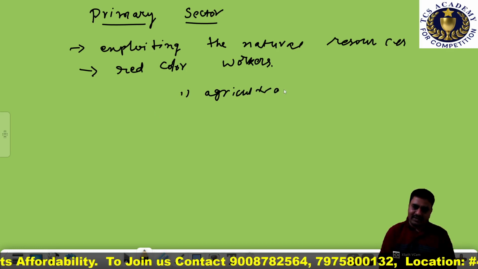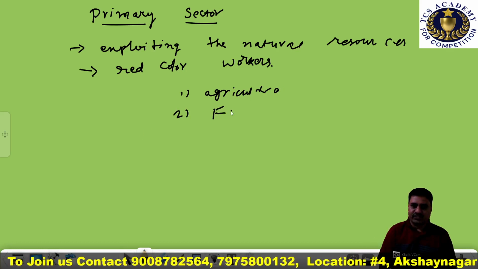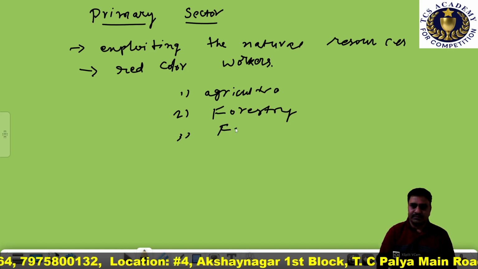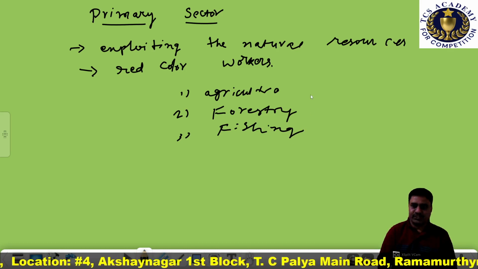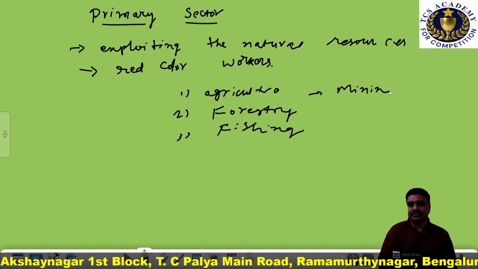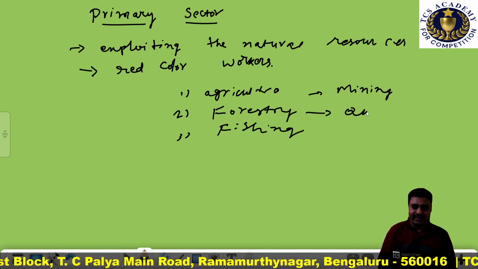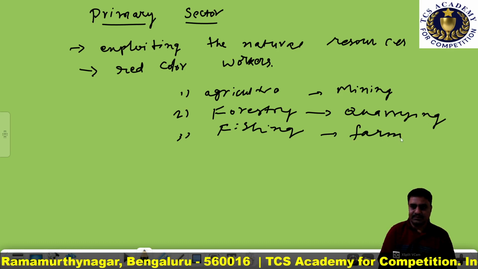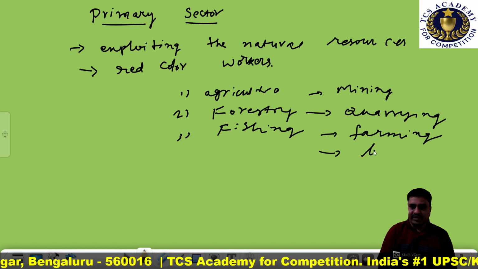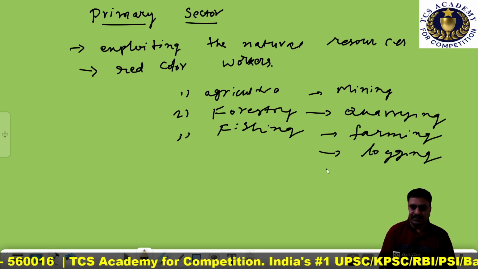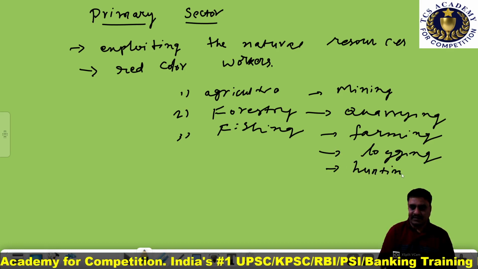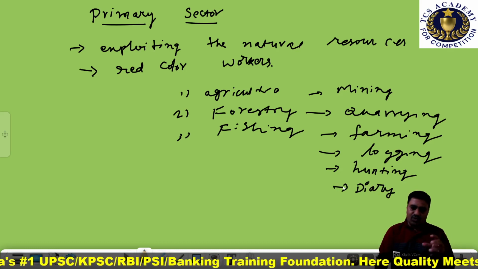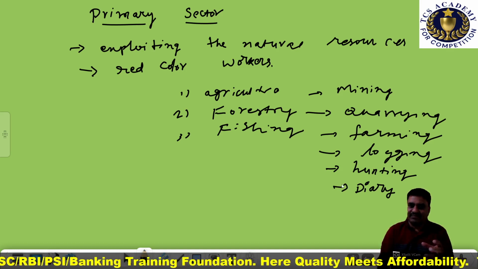Number two, forestry, fishing, mining, quarrying, farming, logging, hunting, dairy activities. All these activities are taken under the primary sector.